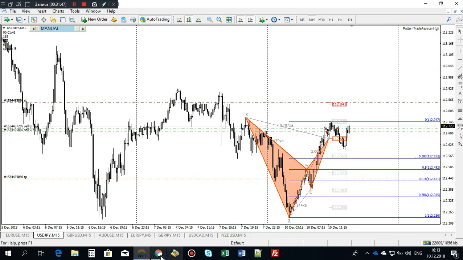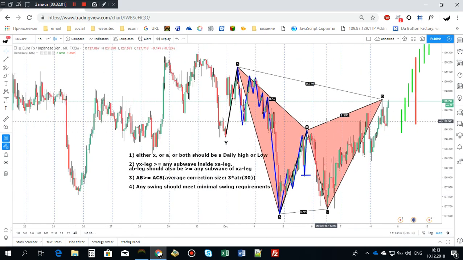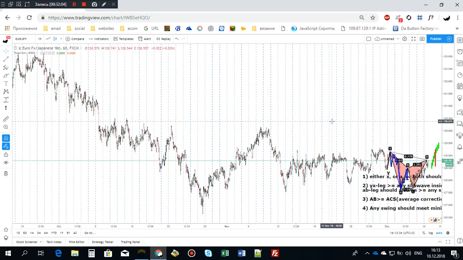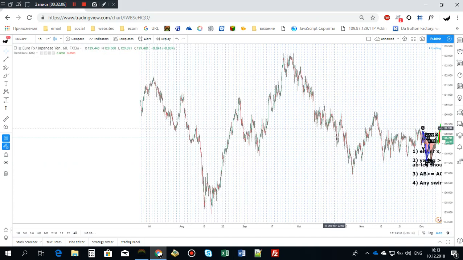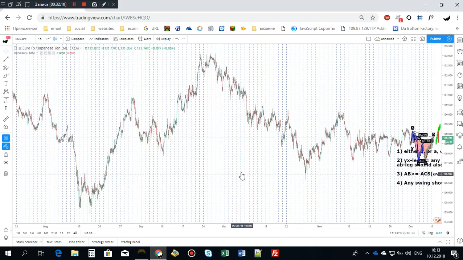Well, what I was talking about, 5 days. So in this situation, the distance between X and A is only 2 days. First day, second day, yes. But if it is greater than 5 days, then you will need to zoom the chart out and out and out to fit your pattern into your screen, yes.